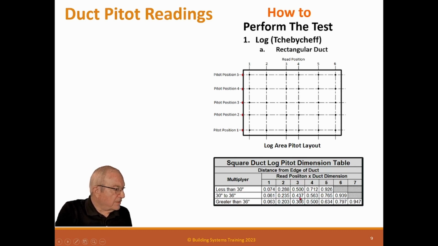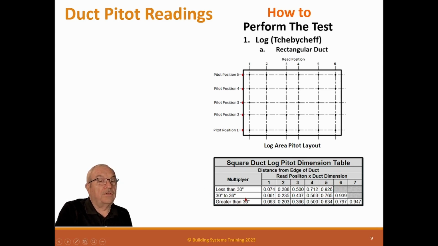If you have less than 30 inches, then for the first reading you multiply the dimension times 0.074, the next one times 0.288, the next one 0.5, the next one 0.712, the next one 0.926. So these are just dimension percentages, and you measure the dimension and then you get your dimension to put on your airfoil. So it tells you how to do it.